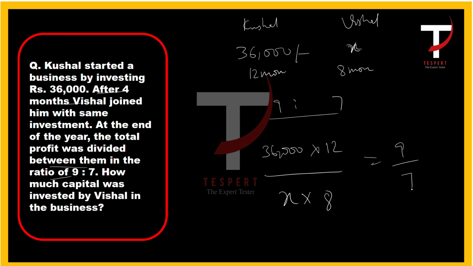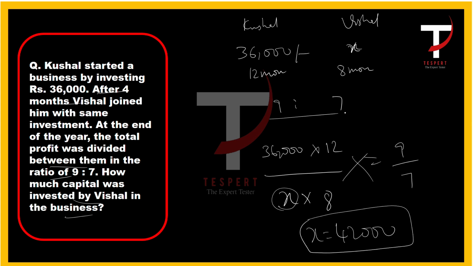So we must calculate the value of X. If you cross multiply, the value of X that you get is 42,000, right? So Vishal is investing 42,000 for 8 months, whereas Kushal invested 36,000 for 12 months.